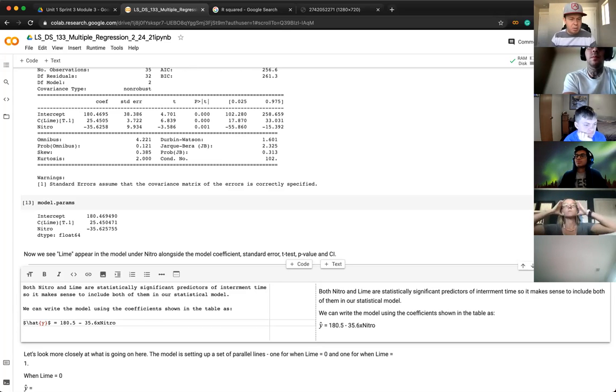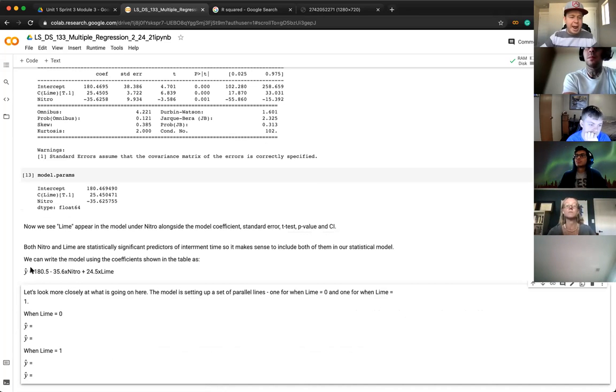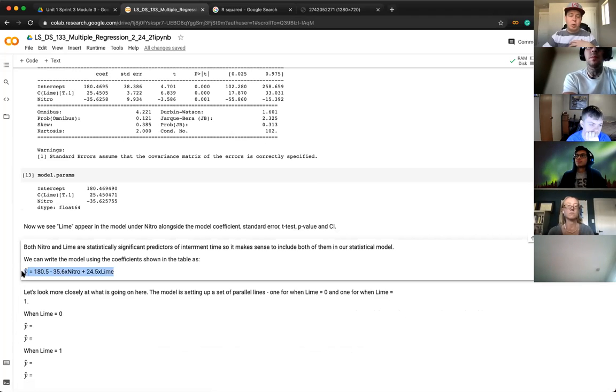And then plus 25.5 times lime. Okay. And y hat here again means our predicted values, right? When we're working with this regression line, these predicted values will all fall exactly on the line. Right? Why we use that hat character there.